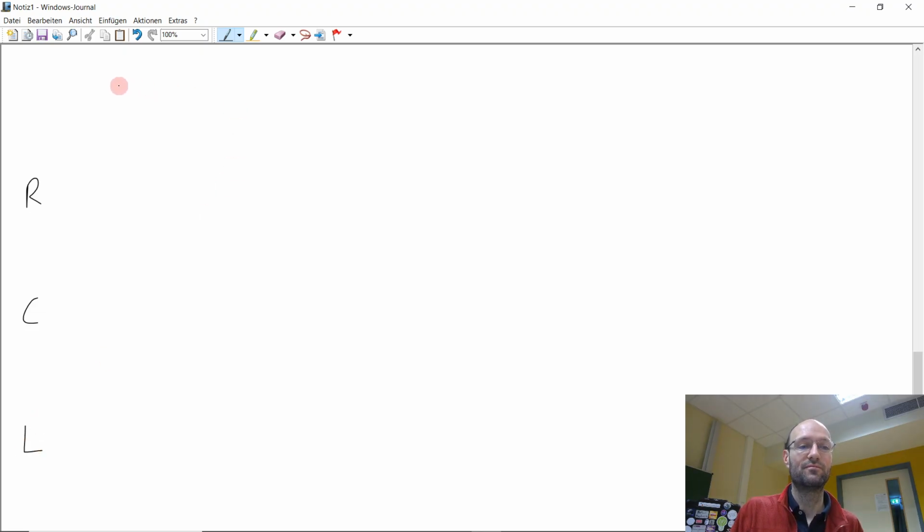And so what rules apply if we have a resistor, so this is the symbol, and if we have a current going through the resistor and a voltage drop across the resistor.